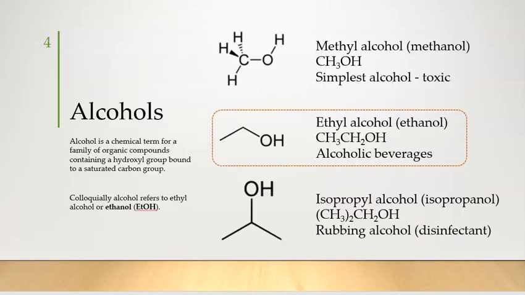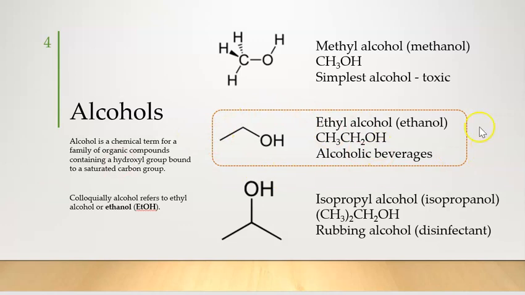So, what are alcohols? Alcohol is a chemical term for a family of organic compounds containing a hydroxyl group, which will be bound to a saturated carbon group. Now, the type of alcohol that we drink, when we're talking about alcohol, is ethanol.